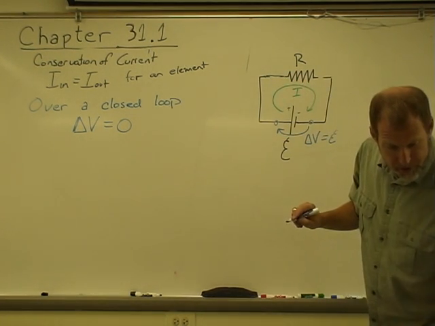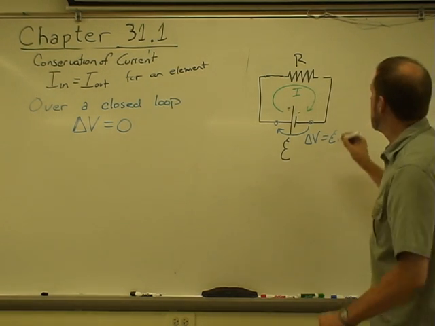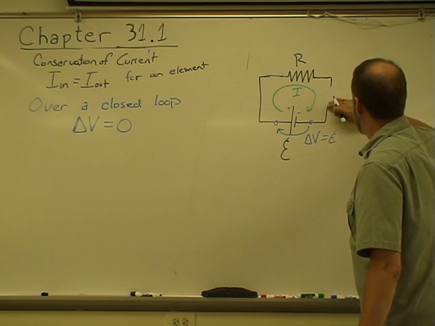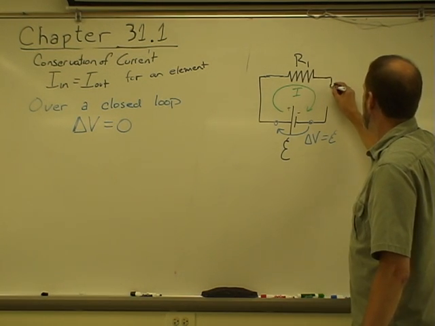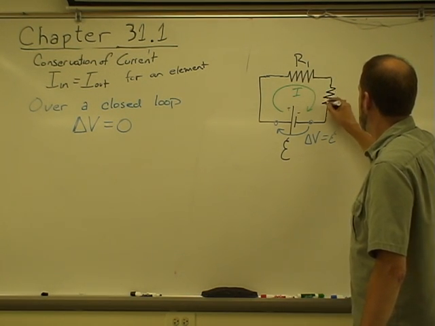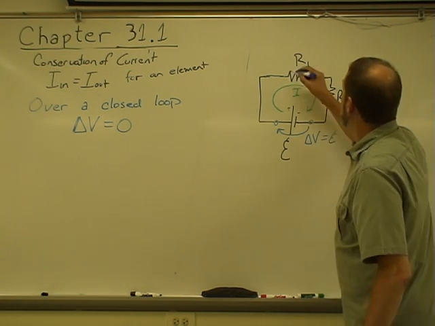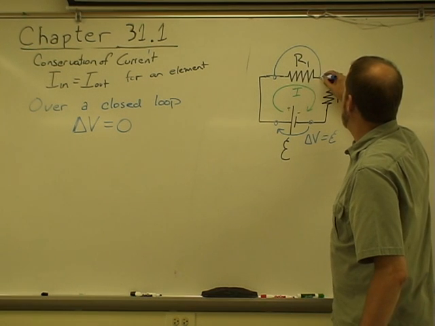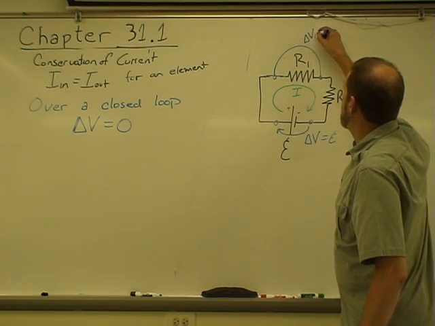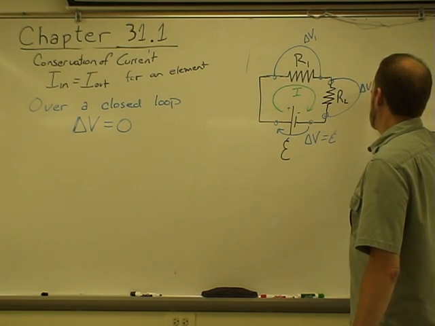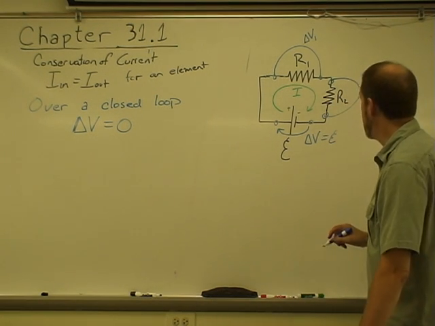Now, suppose I have more than one resistor. Actually, we're going to look at some of this a little bit later. R1 and R2. What I can say is, okay, I've got some change in potential over resistor 1, and I've got some change in potential over resistor 2.